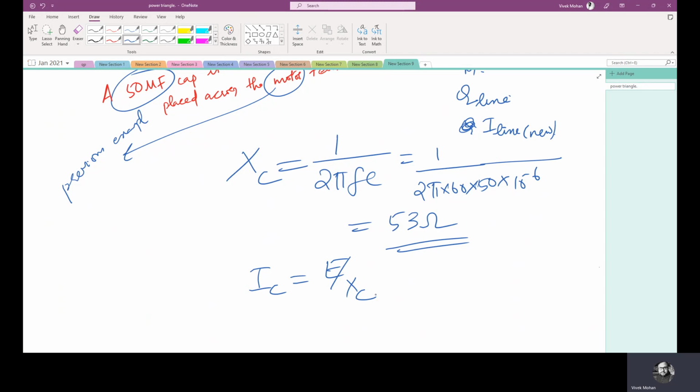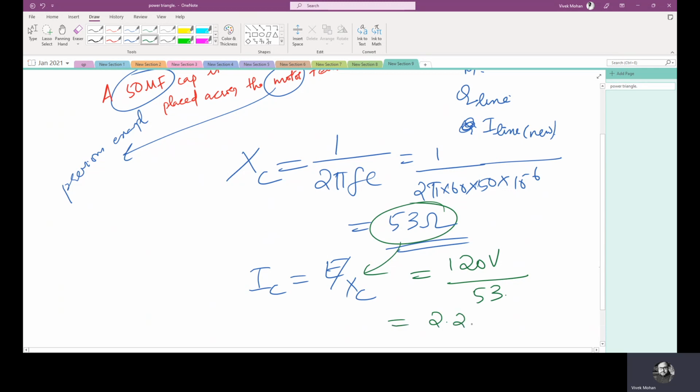So the input voltage, 120 volts, divided by the capacitive reactance, which is 53 ohms, gives me 2.26 amps. So this is the current through the capacitor.